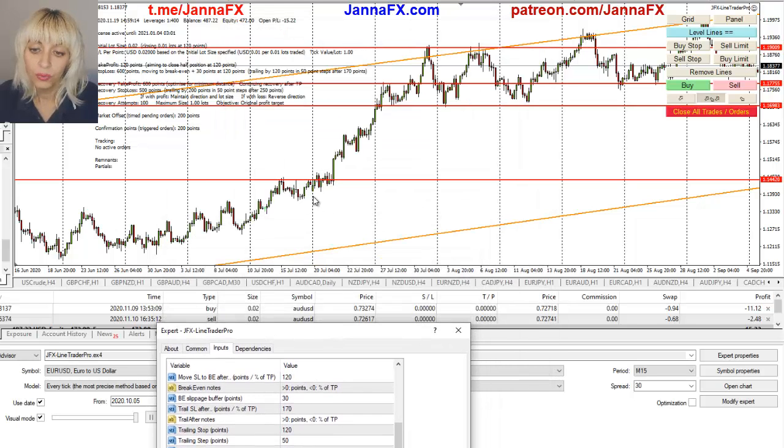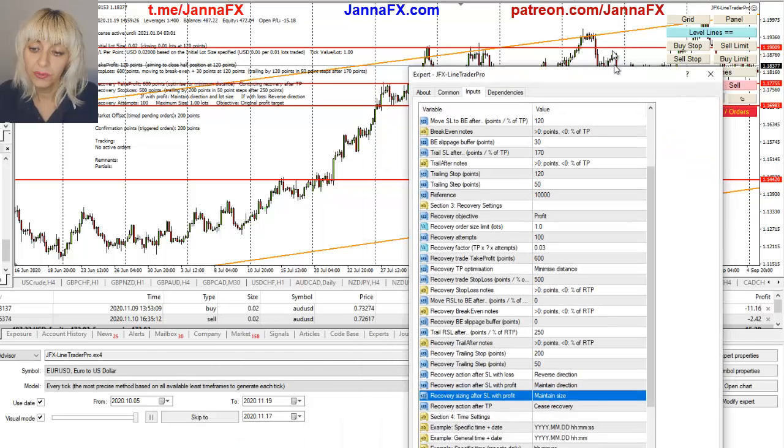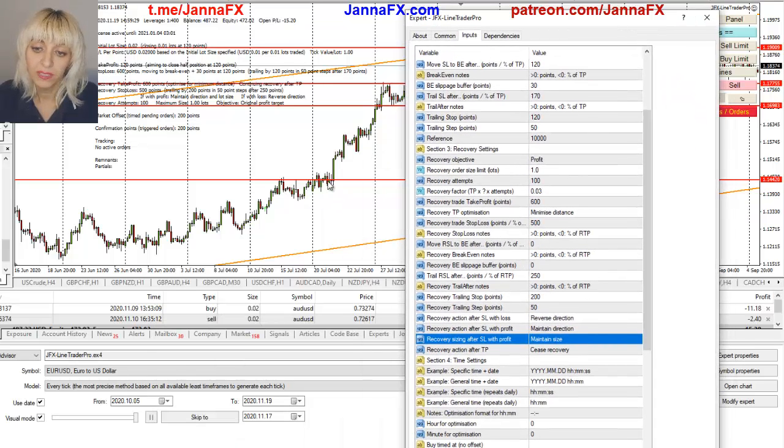So let's say you want to recover, it's moved a little bit, you banked a little bit, and it opens a new order with exactly the same lot size as the original. That's the maintain, where you maintain the lot size, but it will decrease the take profit level. So then you need less to continue to get out with profit.